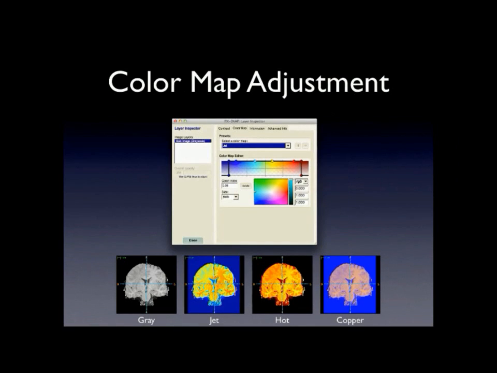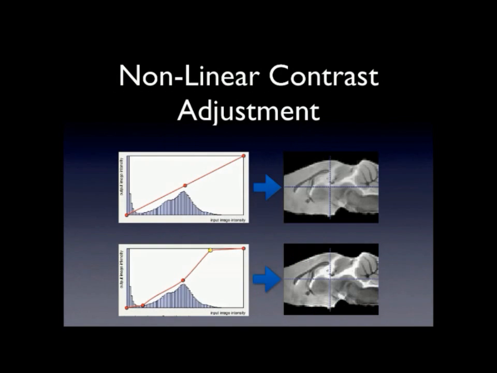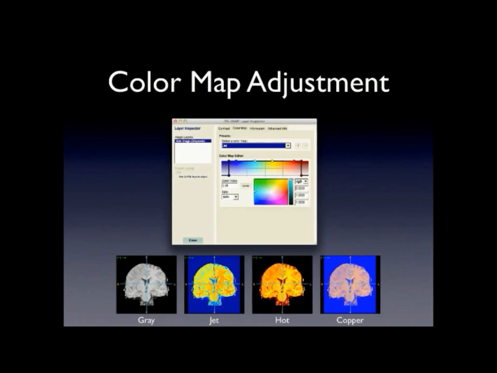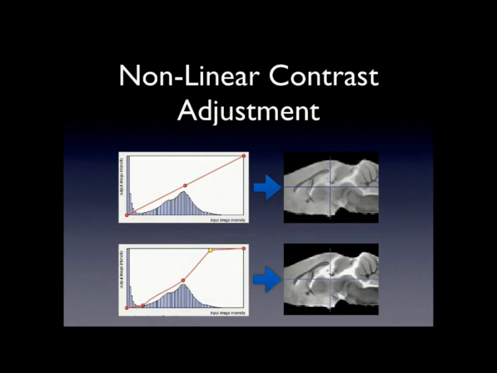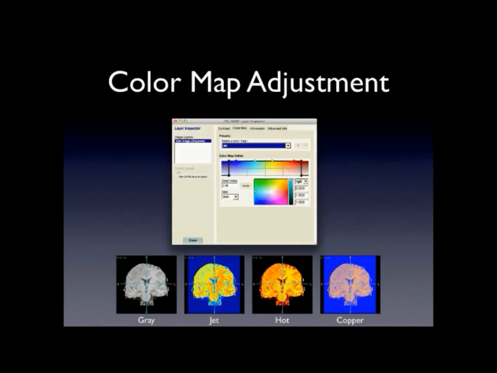In addition to contrast adjustment, so far everything we looked at was shown in grayscale. We can actually change the color map that's used to represent the image. Here we showed input intensities being mapped to a range of grayscale values, but instead of a grayscale color gradient, we can use other color gradients, like different hues, or going from dark to red to yellow, and there are a number of different color maps.